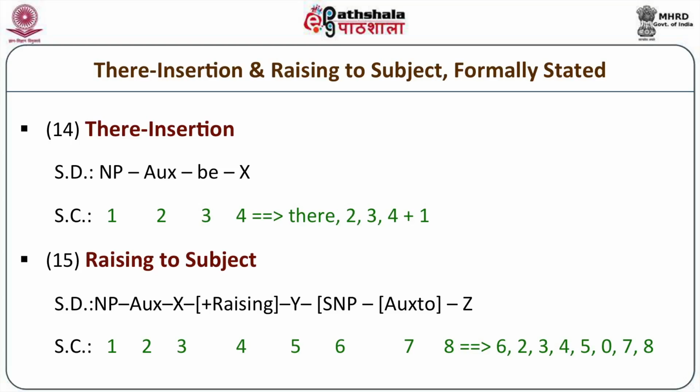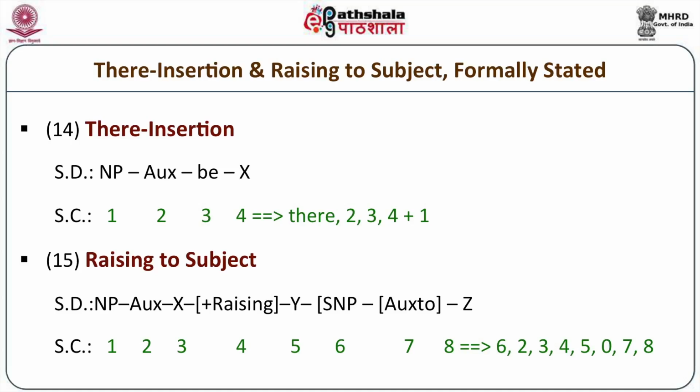Notice that it mentions be. Just as there insertion mentions be, raising to subject mentions the triggering element. We showed the triggering element by using a feature plus raising. So, our analysis for 15, raising to subject, says structural description: noun phrase, auxiliary, variable, plus raising item, variable, a noun phrase at the beginning of a sentence.